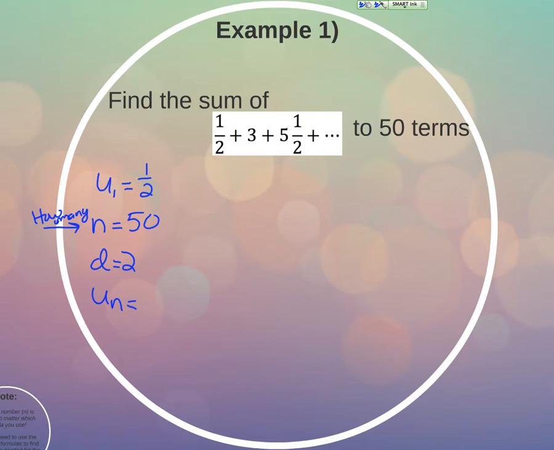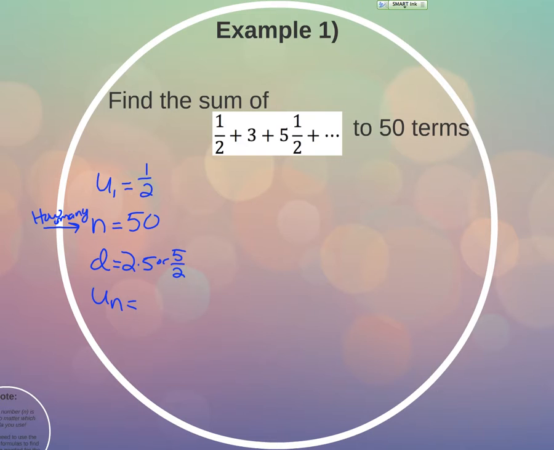And I would either use the decimal or the improper fraction. I would not use the mixed number, but I don't care which one you want to use. I don't know the last term. So this is where I would say to myself, I don't know the last term, so I'm just going to go with the long formula, because you don't need the last term for the longer formula. Is this kind of making sense so far? Like how we know when to use what?